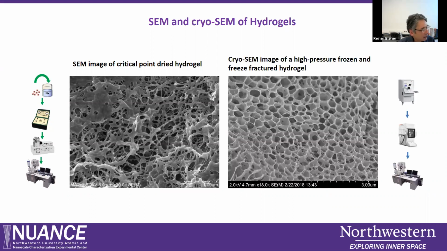And here we see a cryogel sample that was high pressure frozen and freeze fractured and then observed with cryo-SEM. We can see that the conventionally processed sample has many collapsed areas and collapsed fibers, while the sample that was high pressure frozen and observed with cryo-SEM looks far less damaged by the processing procedure.